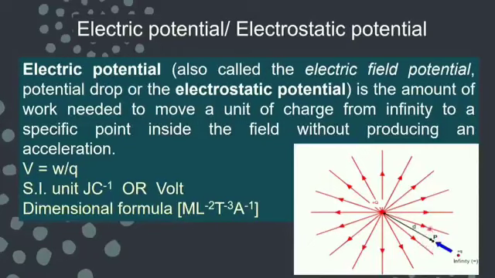Whenever we are bringing this charge, it should be quite small. It means it should not be disturbing the force of repulsion or attraction due to my source charge. This capital Q is the source charge. Because of this charge, I am having the field. I want to bring my test charge in the field of this source charge. And for that, I am doing some work.